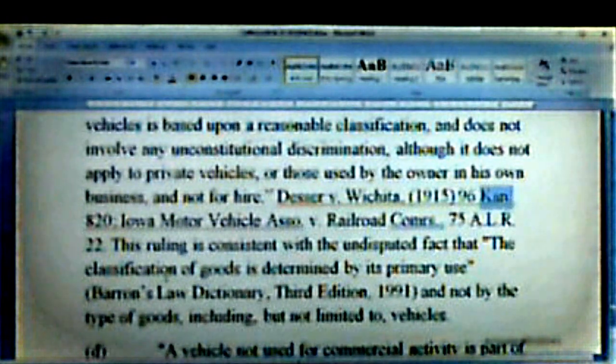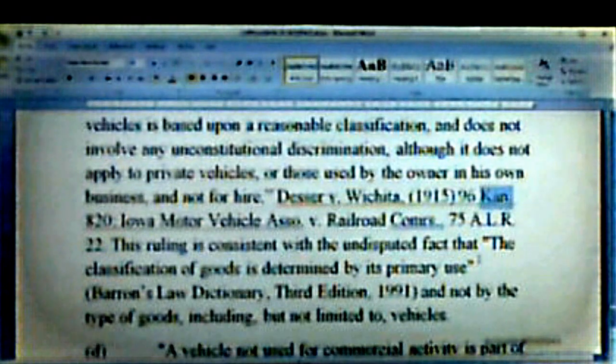And it says this ruling is consistent with the undisputed fact that the classification of goods is determined by its primary use, Barron's Law Dictionary, 3rd edition, 1991, and not by the type of goods, including but not limited to vehicles. Right?